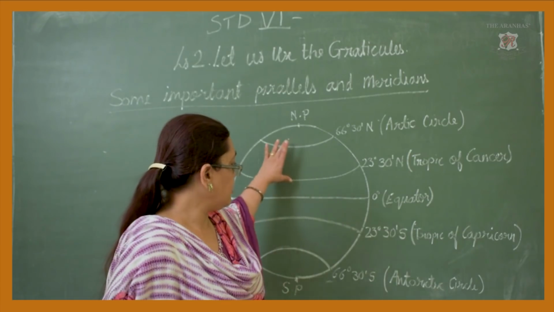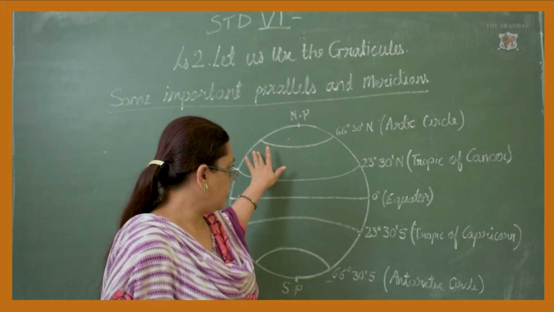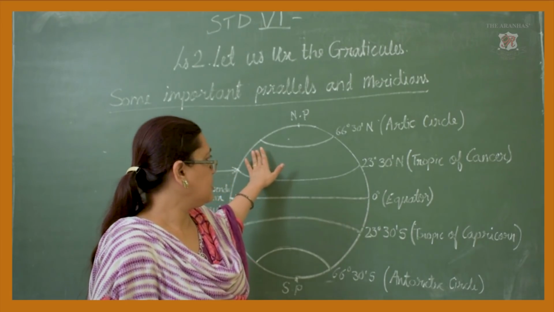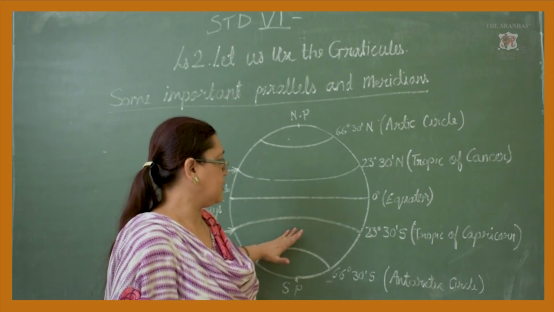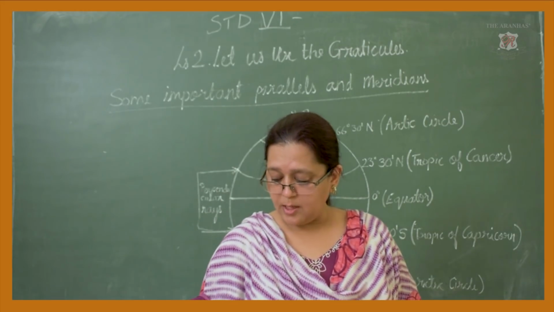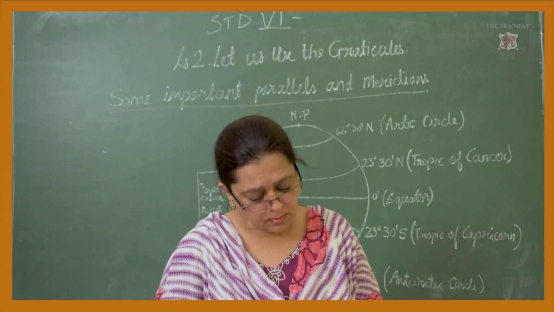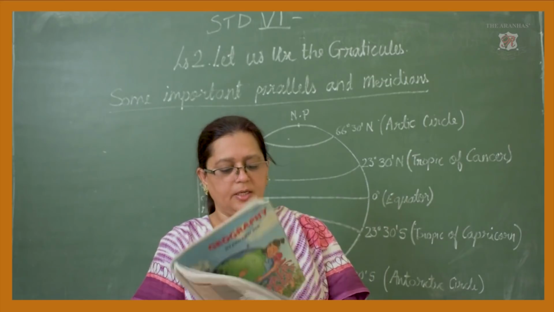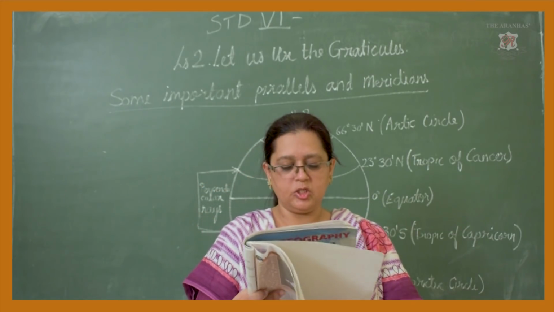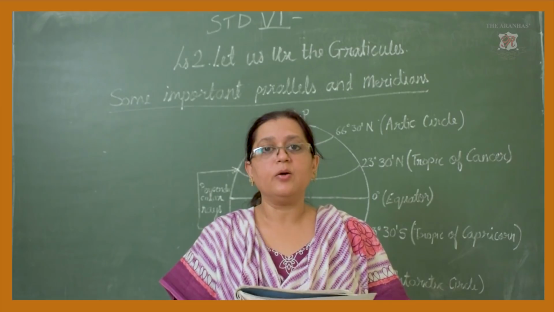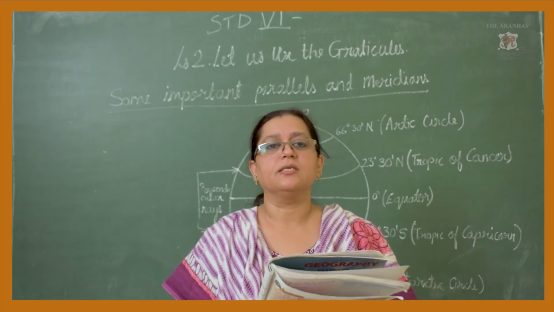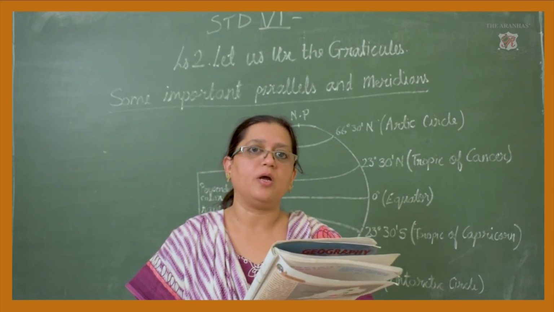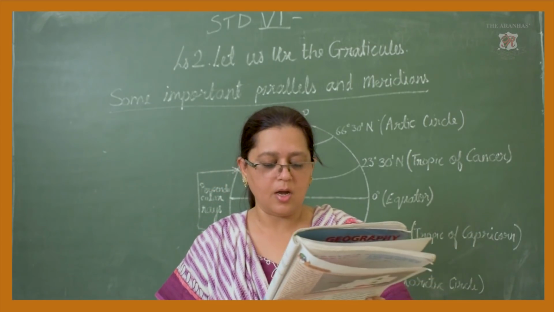But in some other areas, for example near the Arctic Circle and Antarctic Circle, depending on the seasons, the daytime can be more than 24 hours.